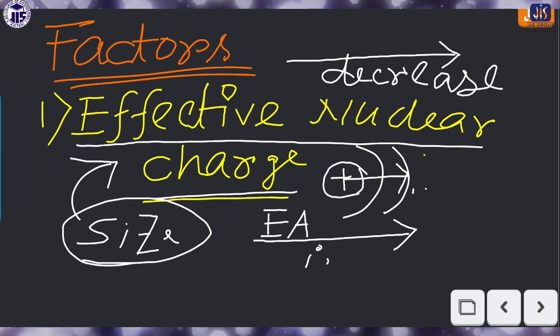So according to the period, the electron affinity increases. This is a very important fact which you have to keep in mind. According to the value of the effective nuclear charge from left to right, the electron affinity value will increase.